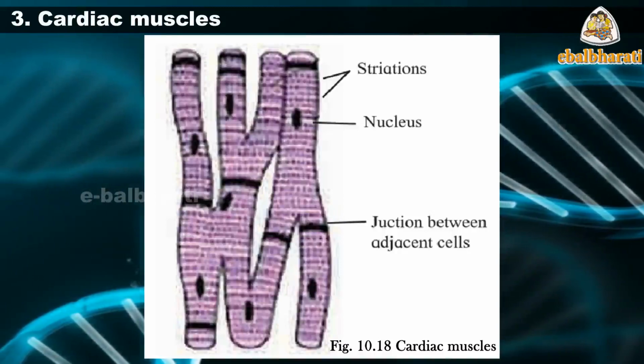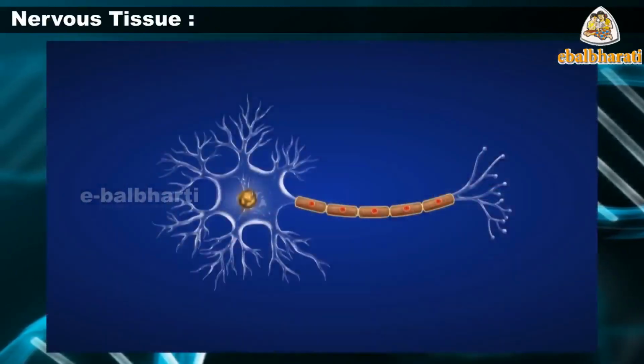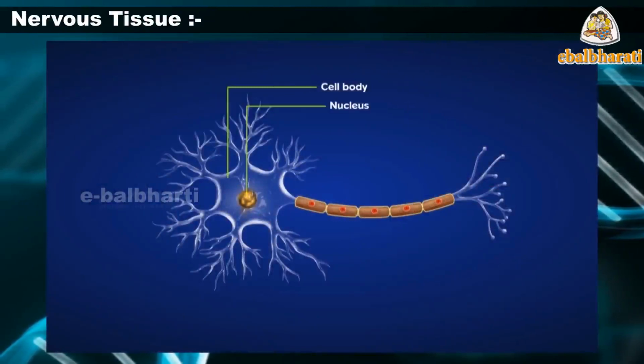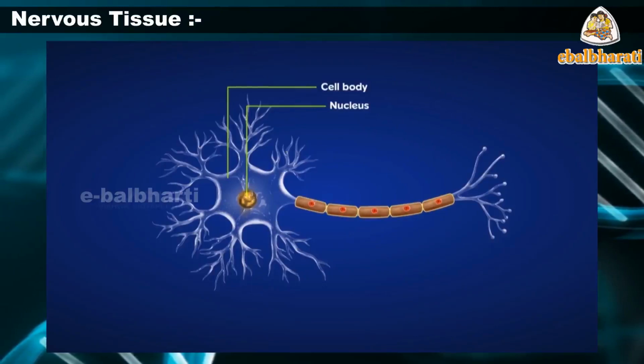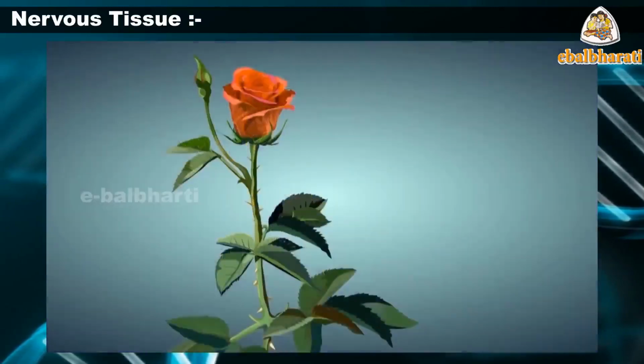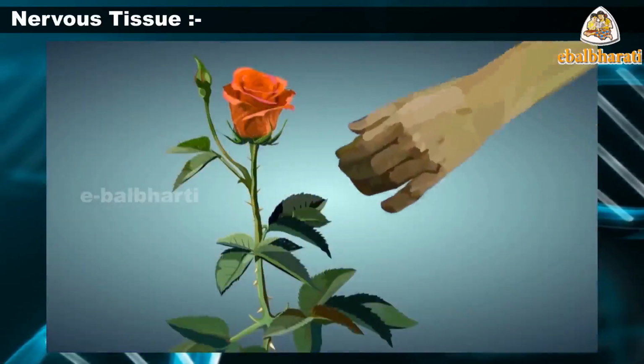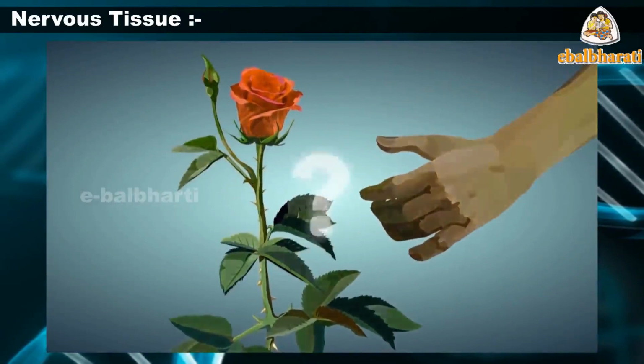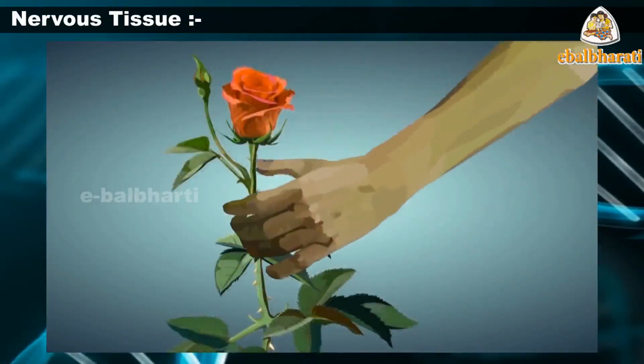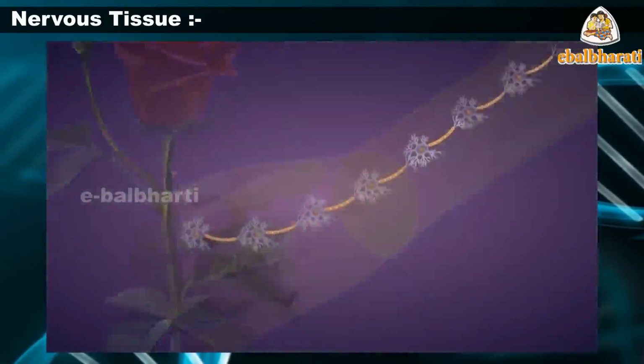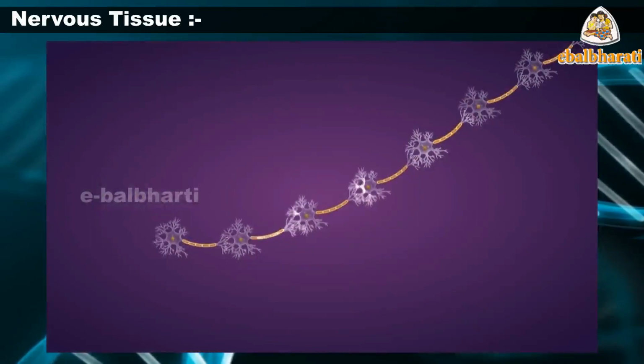Figure 10.18. Nervous tissues. Nervous tissue is composed of nerve cells or neurons and neuroglia. Neuron is the structural and functional unit of the nervous system. Neuroglial cells are non-nervous supporting cells that fill in the interneuronal space.